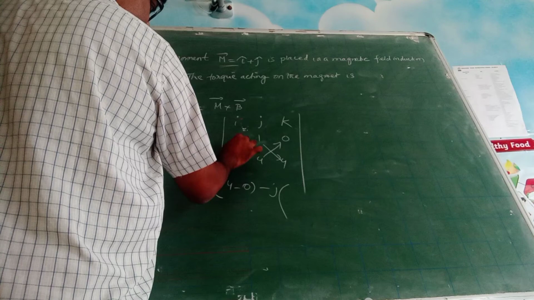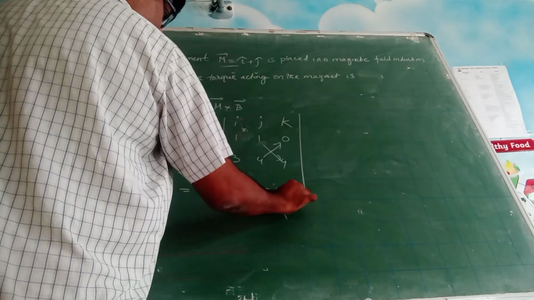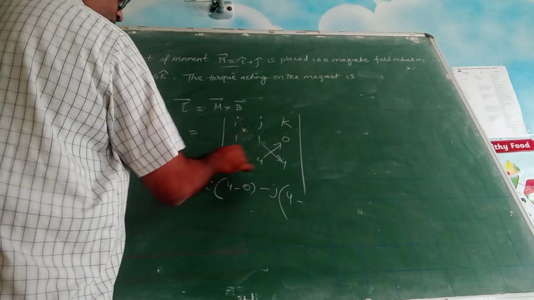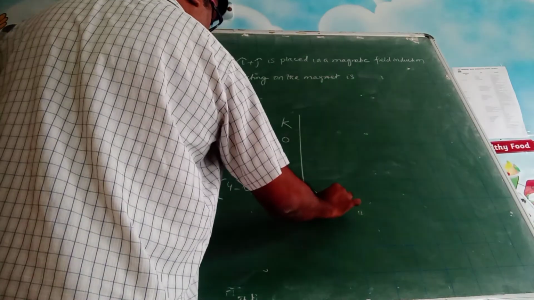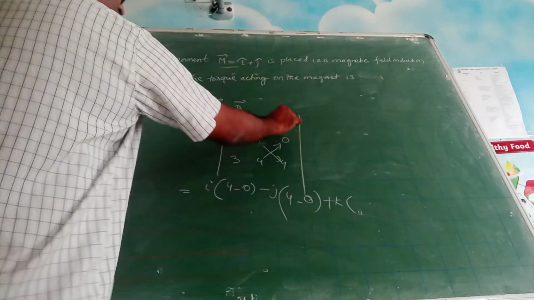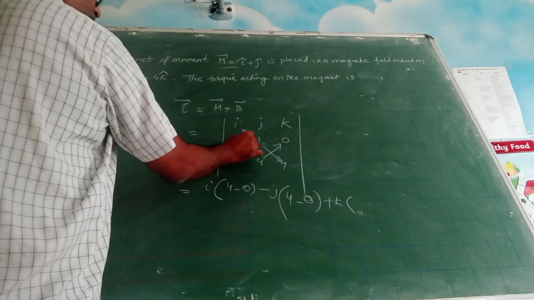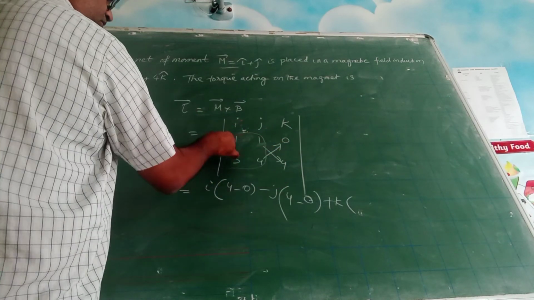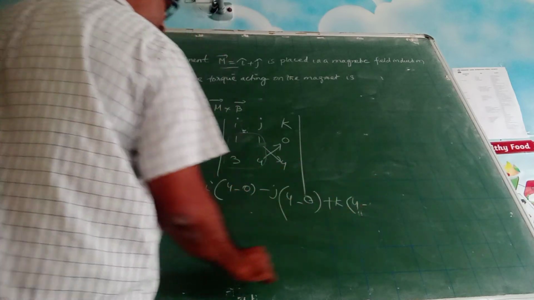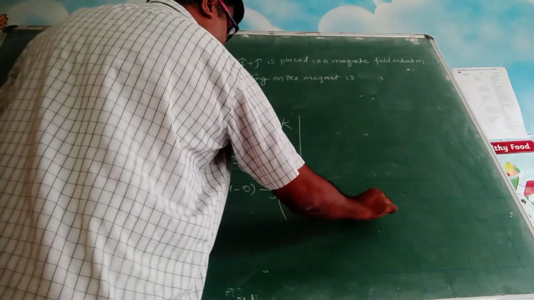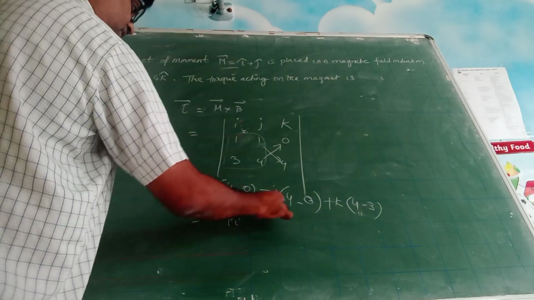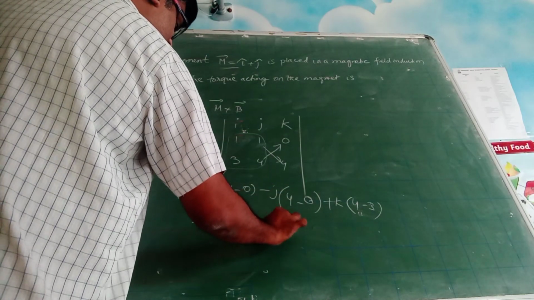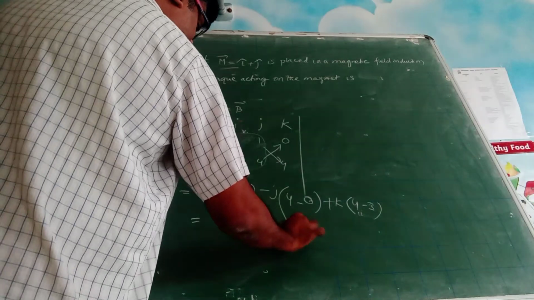Now you have to take 1 and 4 minus, always top to bottom, 3 into 0, it is 0. Plus K. Now skip this column, skip this row, you will be left with these 4. So 1 into 4, it is 4, minus 3 into 1, it is 3. So it is 4I, minus 4J, and plus K.